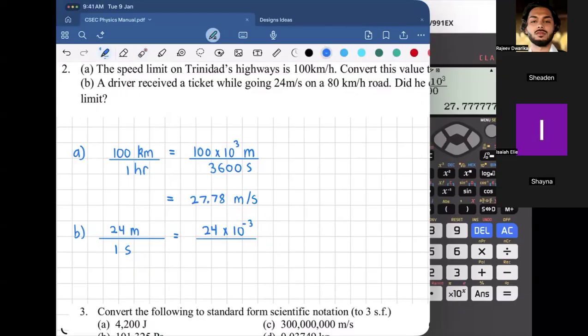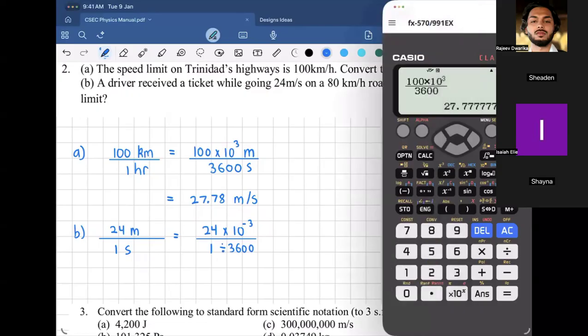Okay, and for 1 second, we have to convert 1 second to hours. How would we do that? Tell me, Shay. Will we divide by 3600 instead? Yeah. So you're just doing the opposite, right? All right, so let's see what's going to happen. 24 by 10 to the power minus 3, 1 divided by 3600.